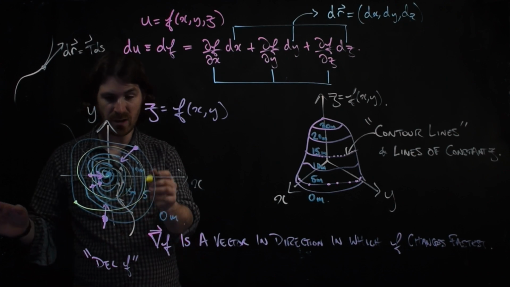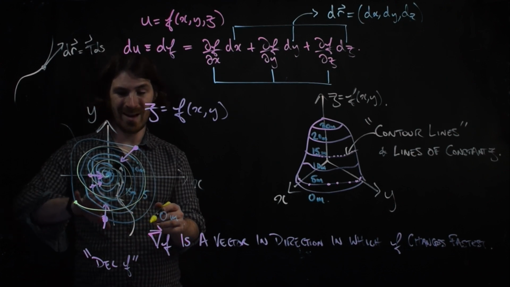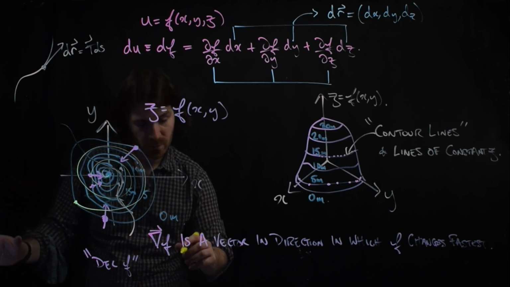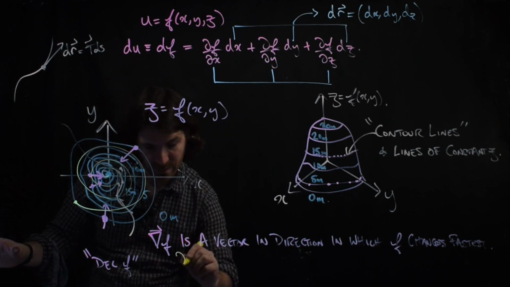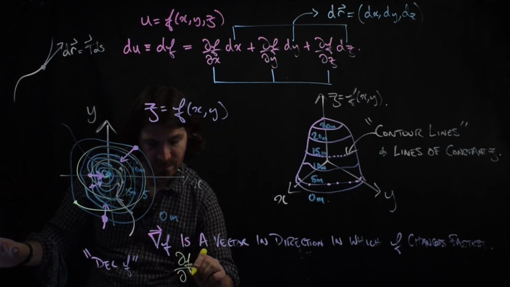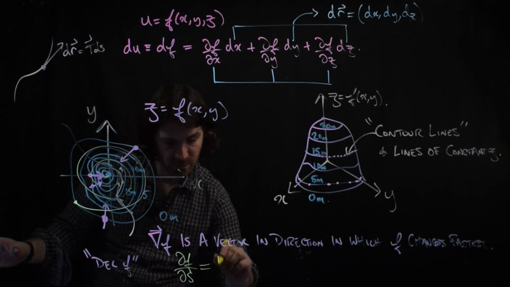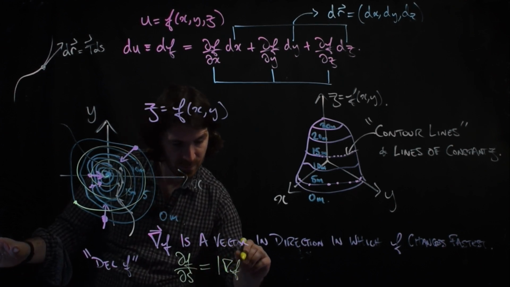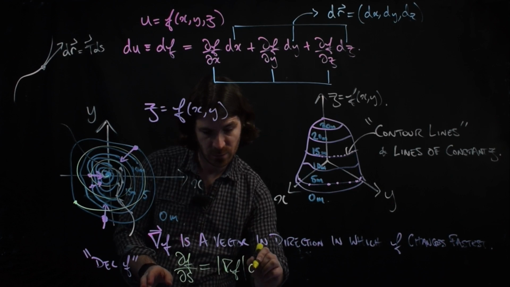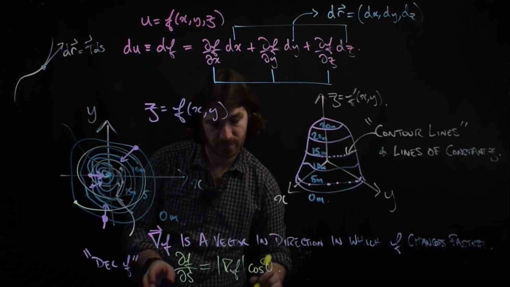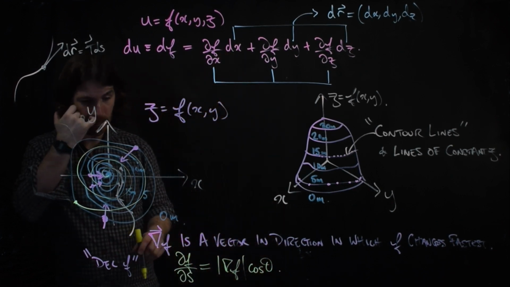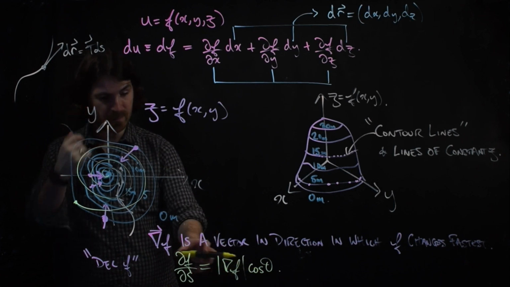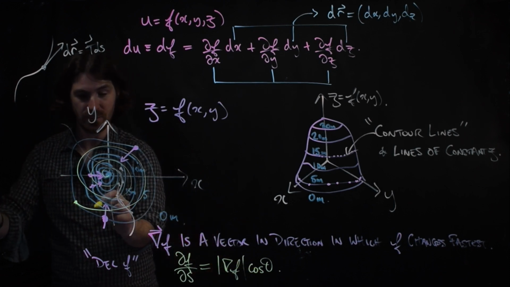So the rate of change of f around a curve we saw was given by df/ds, and this is the magnitude of the gradient of f times cosine theta, where theta is the angle between the tangent on the curve and the gradient.